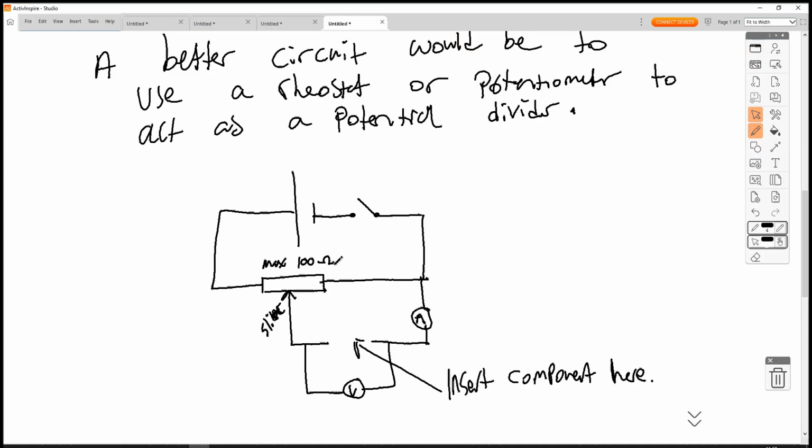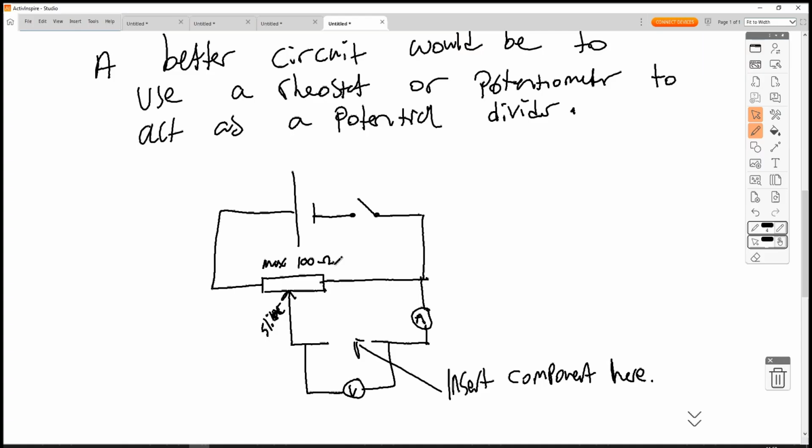So if I'm supplying 6 volts from the battery or power supply, that rheostat will have 6 volts across it. Because our component will be fully in parallel with it, then we will have 6 volts also across our component. So we've got the full 6 volts.